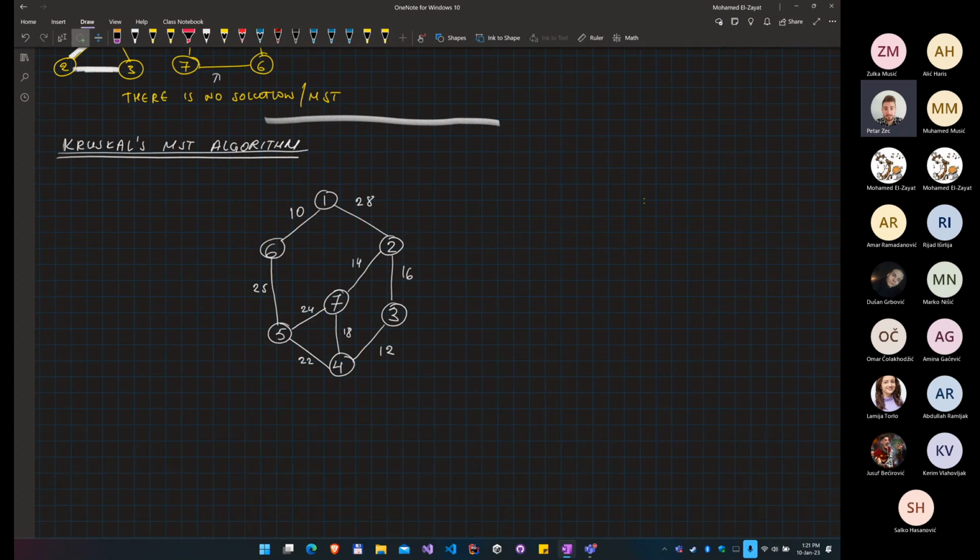So using Kruskal's, the first step will be to get the edge with the minimum cost, the same as Prim's start.